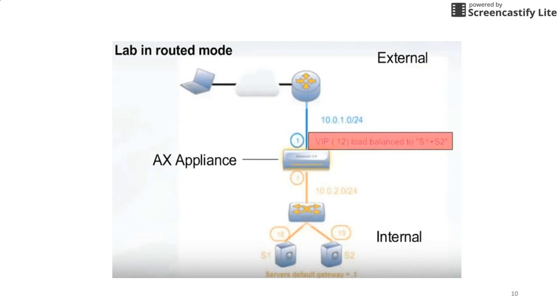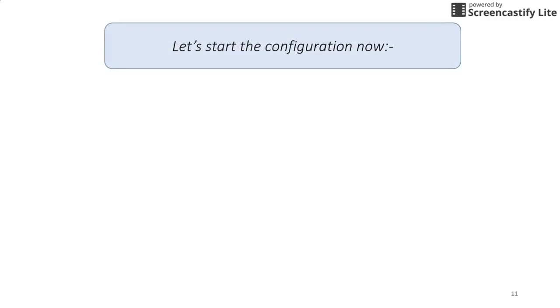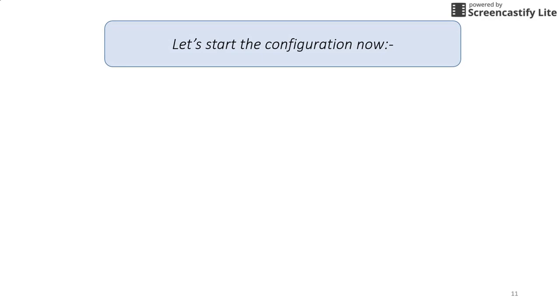We will configure a VIP on the A10 to access the application that is hosted on two internal servers. The VIP address can be assigned in a format like 10.0.1.12.